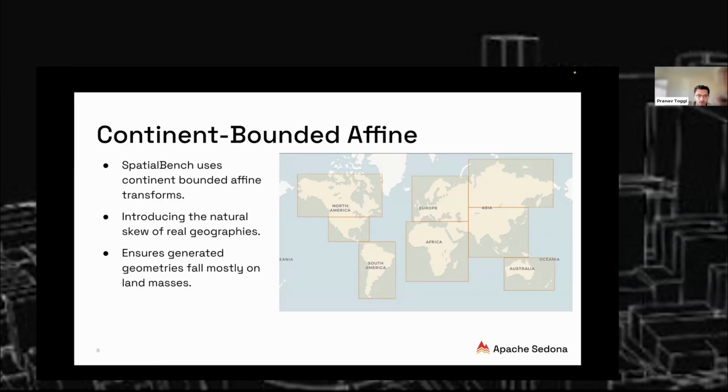So what it ensures is not a lot of geometries fall into the middle of the ocean, because then it becomes unrealistic and also doesn't follow the natural skew that continents offer. That's the kind of order or predictability we try to bring into the random spatial data generation part.